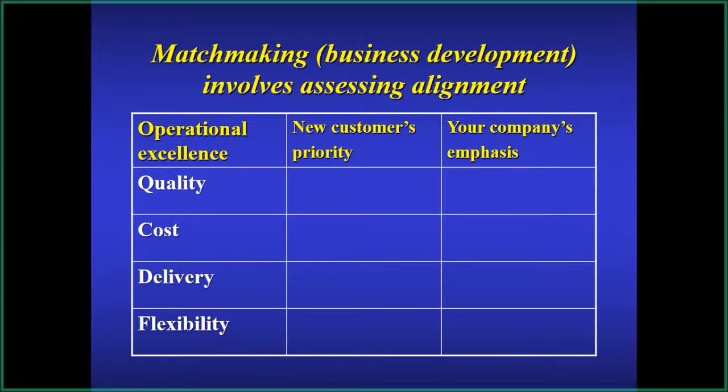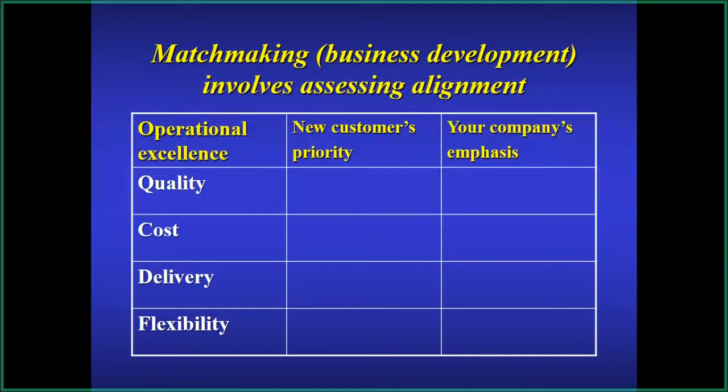They have priorities. And then you look at your own company and say, what have I grown here? And you've created the culture in your own company that is going to dictate a lot about the various components of your operating strategy. And how have you positioned your company? Is it a low-cost operation?